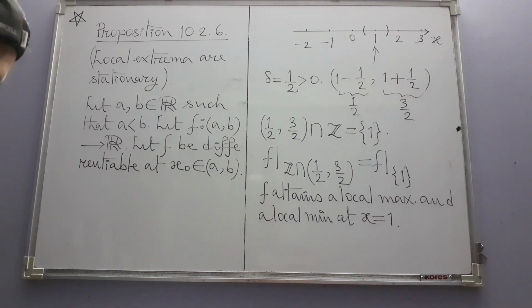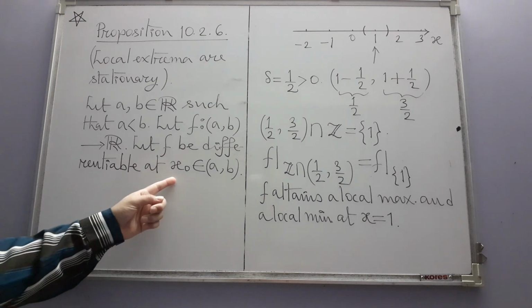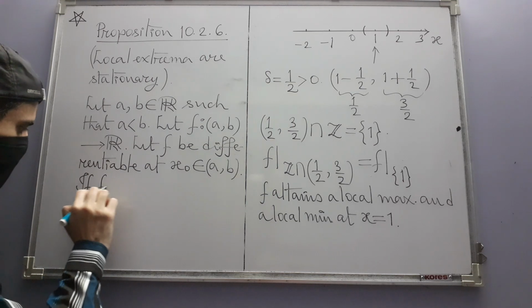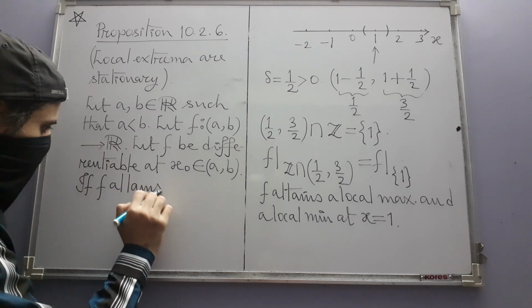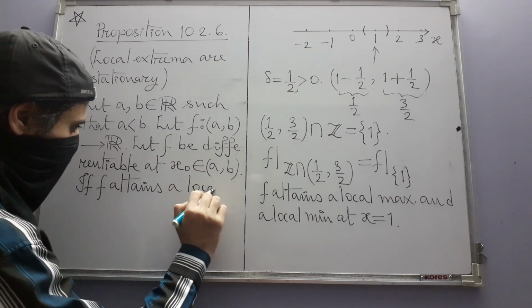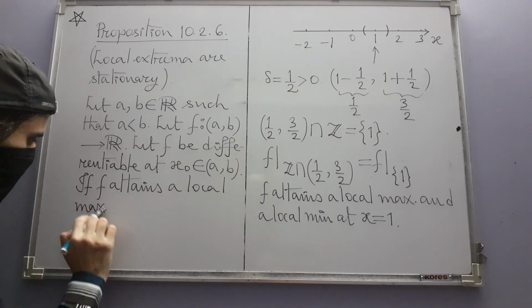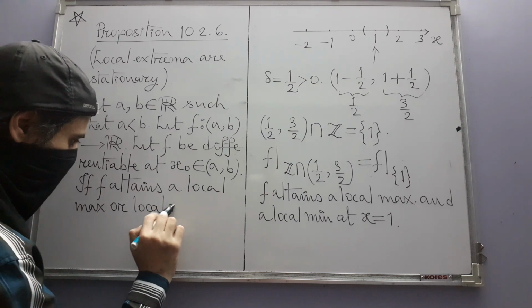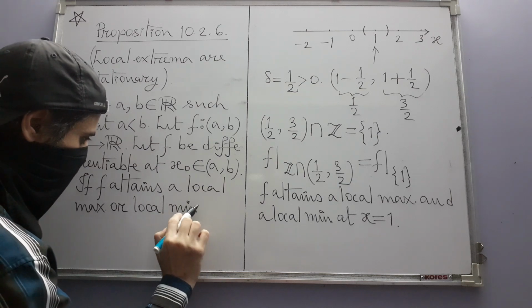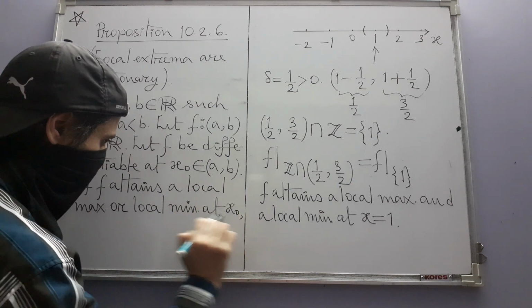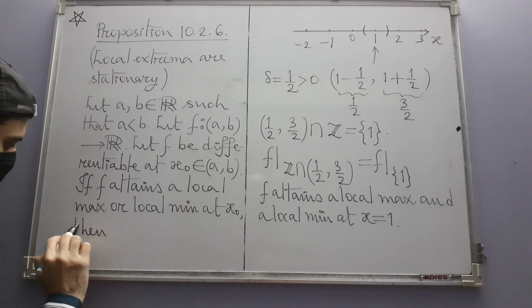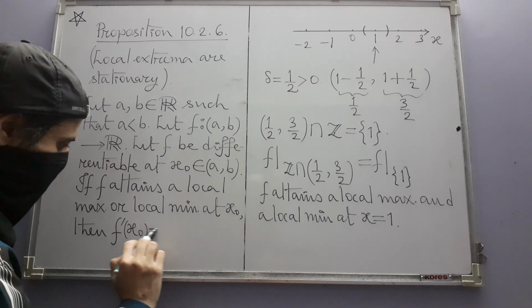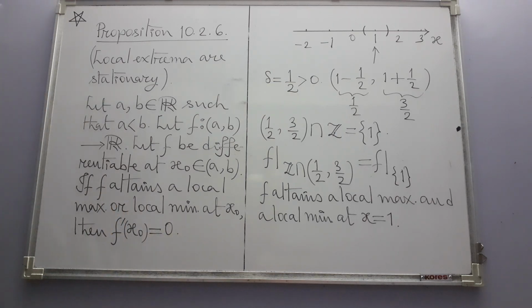Now, if f attains a local maximum or a local minimum at x naught, then the derivative of f at x naught is equal to 0.